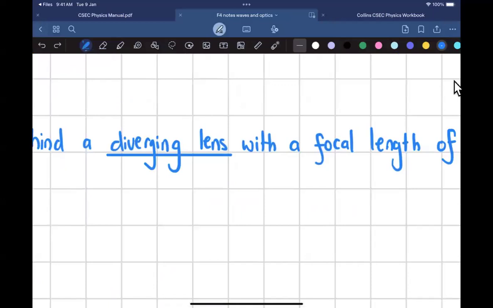And concave lenses always produce what? What do concave lenses always produce? Justin, you had to know this one.